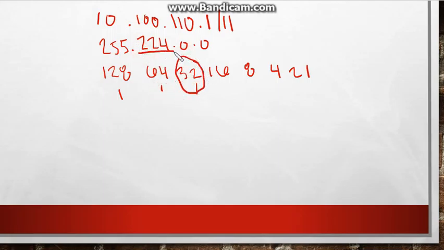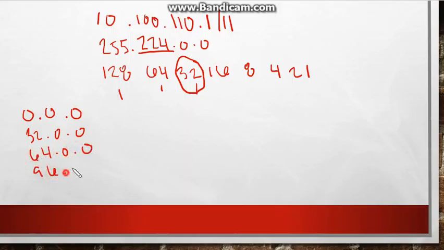And we're working in the second octet because that's where we stop borrowing bits from the host to make subnet bits. So we start at 0, and remember, we have to include the other octets. We're rotating in the second octet, there's the third, there's the fourth. Rotating by 32 in the second octet: 32.0.0, 64.0.0, 96.0.0, 128.0.0.